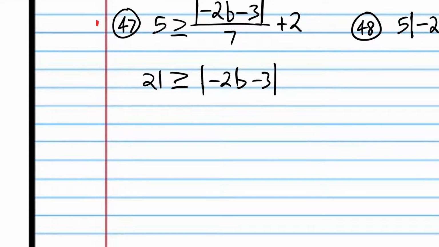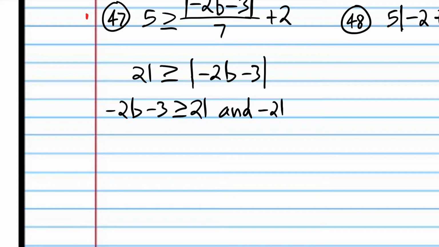So negative 2b minus 3 can be greater than or equal to positive 21, and you need the word and. Negative 2b minus 3 is less than or equal to, wait a second, that's not right.